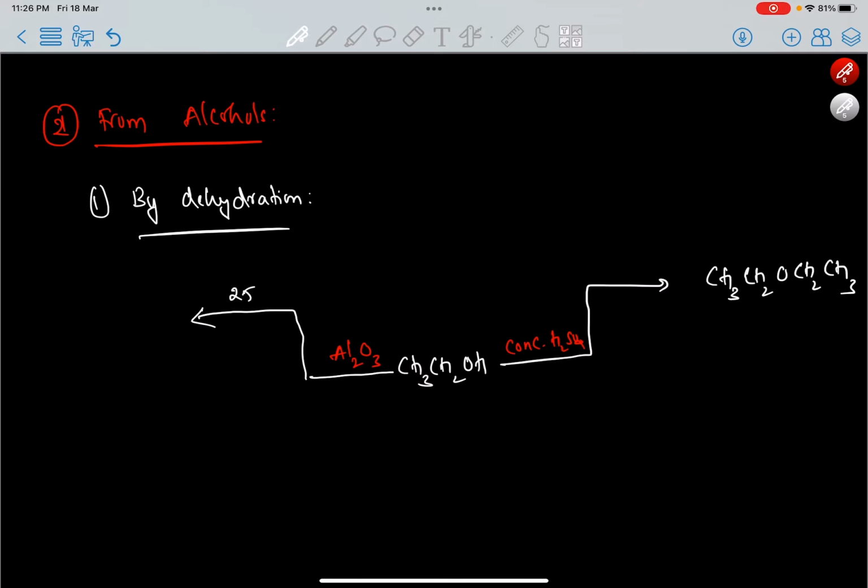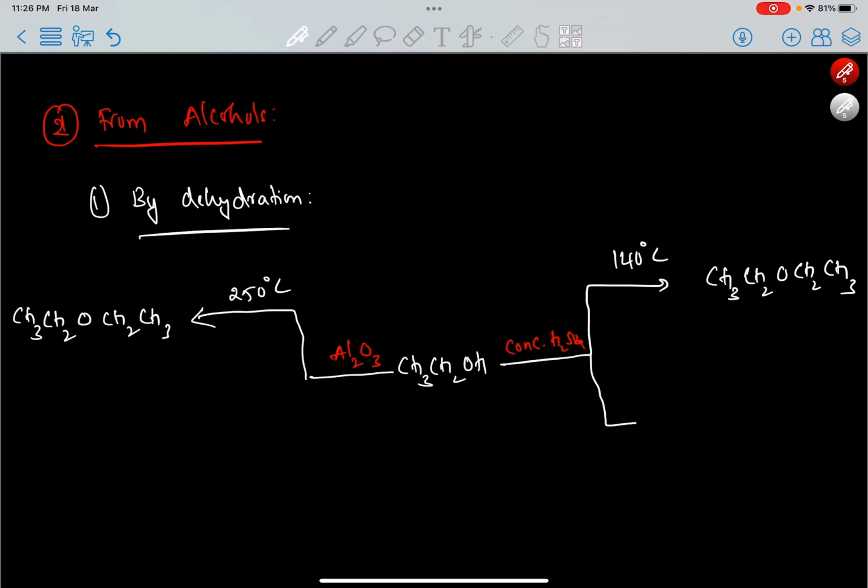Temperature is important. This is 250 degrees Celsius, this is 140 degrees Celsius. So ethanol, when it undergoes dehydration at 140 degrees, forms ether. Similarly, ethanol in the presence of Al2O3 undergoes dehydration and forms the same ether, CH3CH2OCH2CH3. Now here comes a very important point.